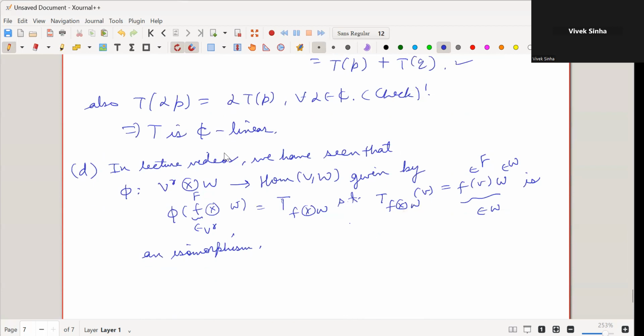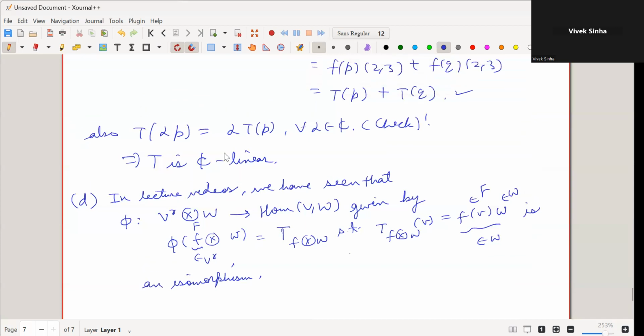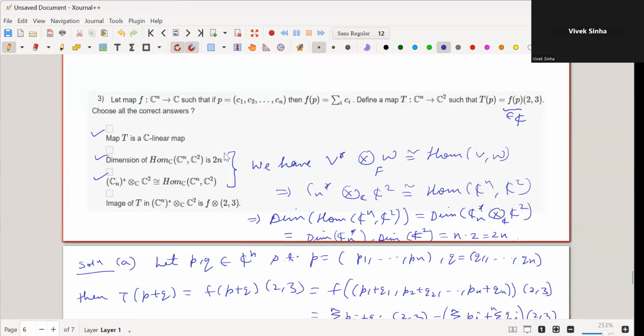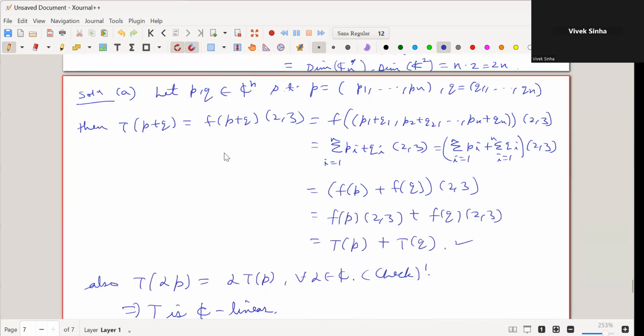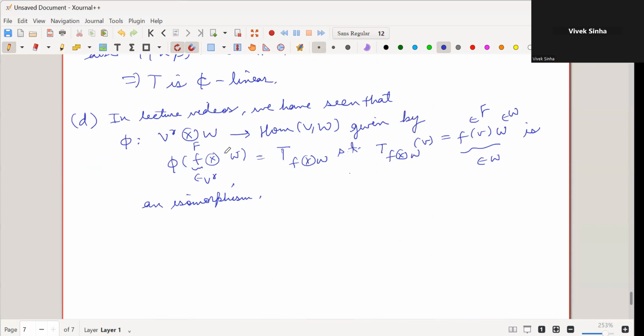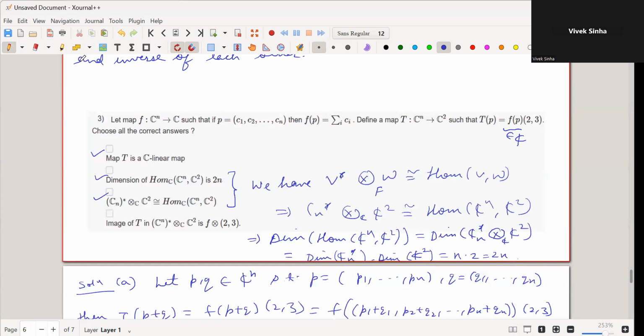Okay, so T of P. This implies T of P is, so what should we do? T is a map in C^n star tensor C^2, right?